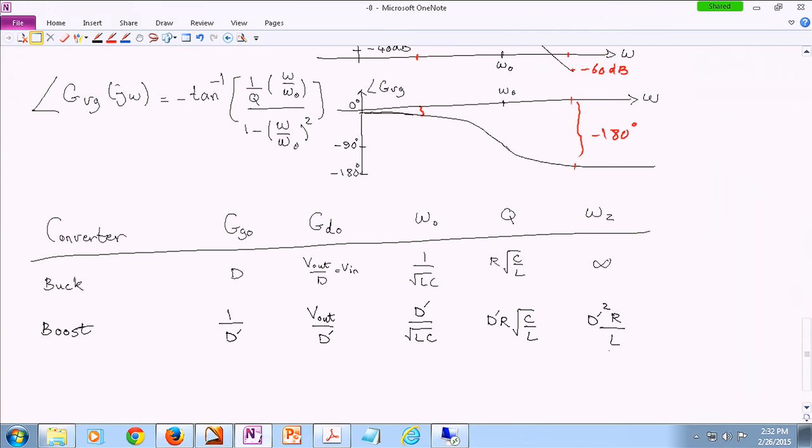Over L. And the last row is pretty much your homework assignment.